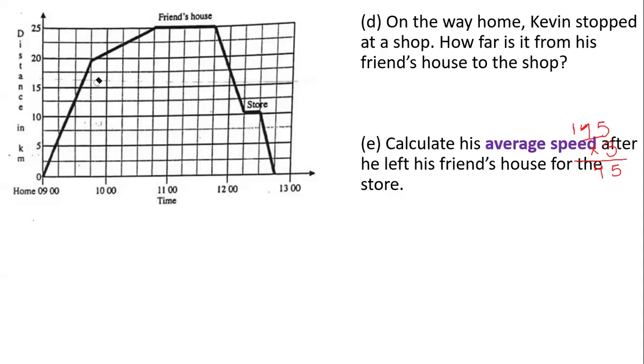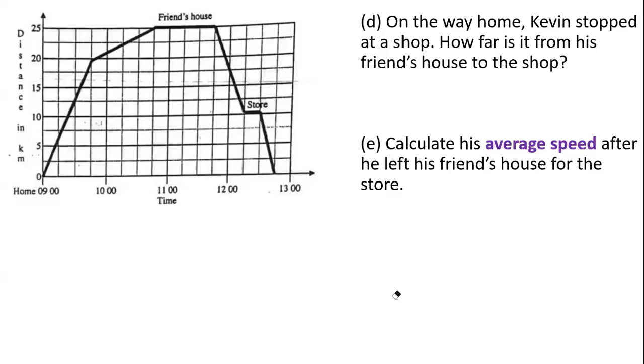On the way home, Kevin stopped at a shop. D: How far is it from his friend's house to the shop? Very good. E: Calculate his average speed after he left his friend's house for the store. Very good. Laura, read D and E for me, please.